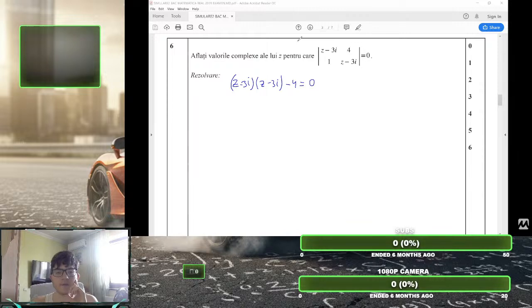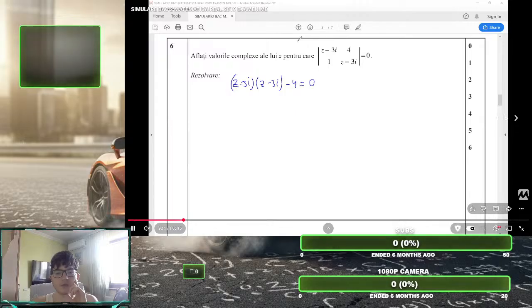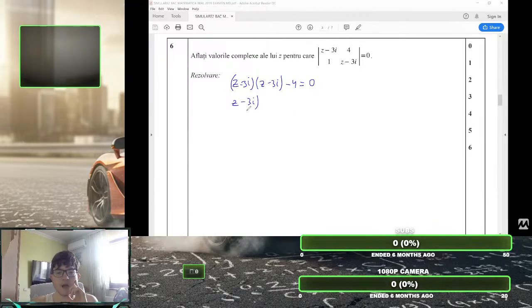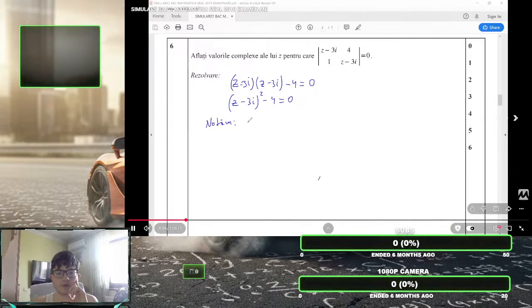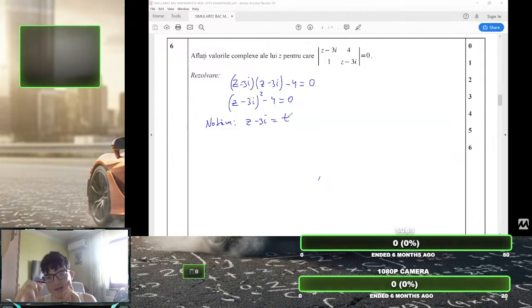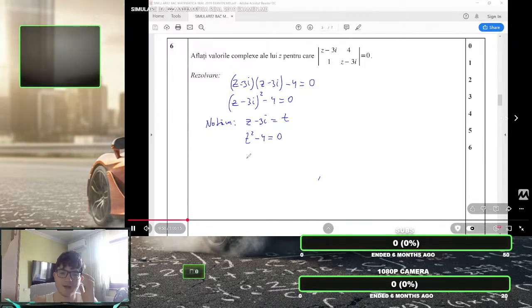So here we have a formula, z at the second power minus all that to the second power. So the 3 minus i, all to the second power. i to the second power is -1. So plus 3 right there. You're going to note it with t.